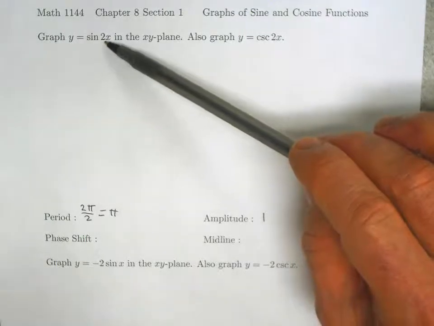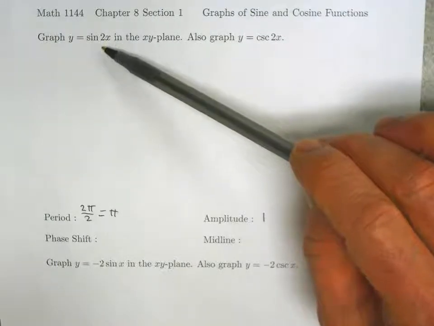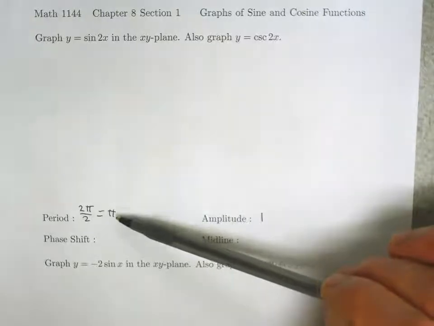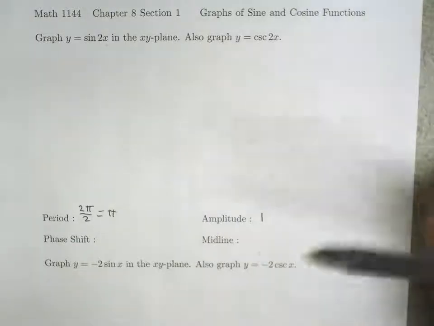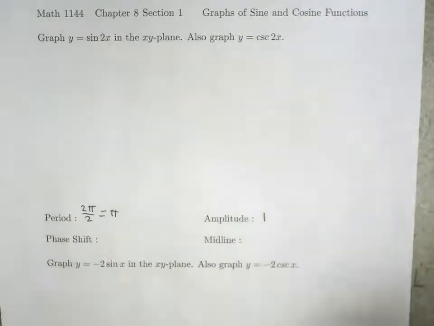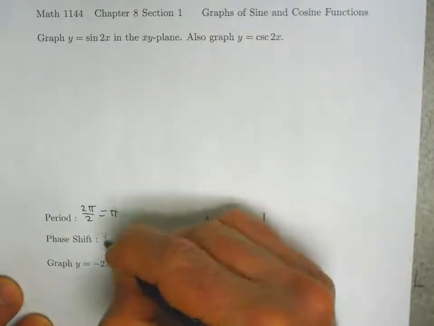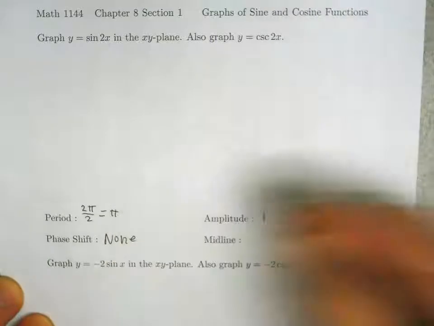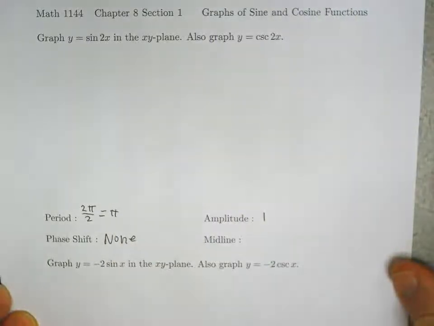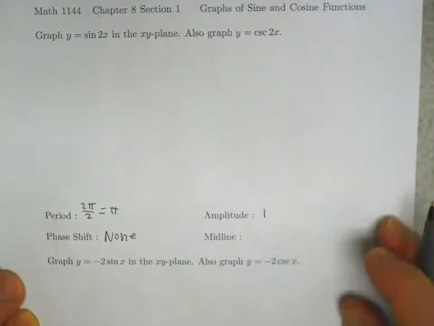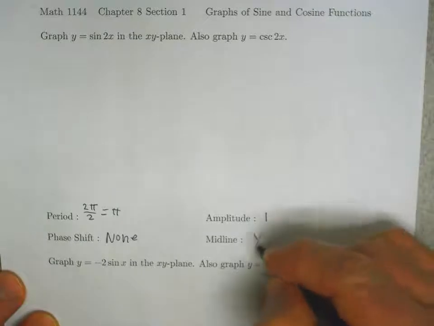The absolute value of 2 is 2, so 2 pi divided by 2 is pi. So that's the period. There is no phase shift on this one. You'll see a phase shift in a few minutes. And the midline is y equals 0 again.